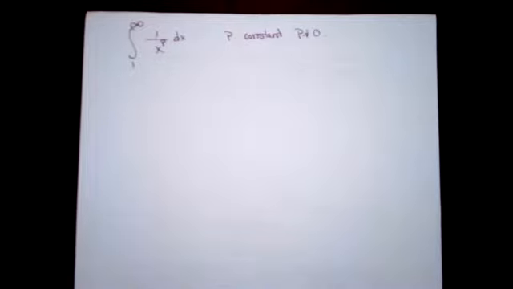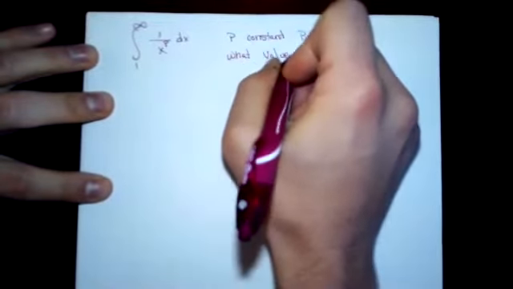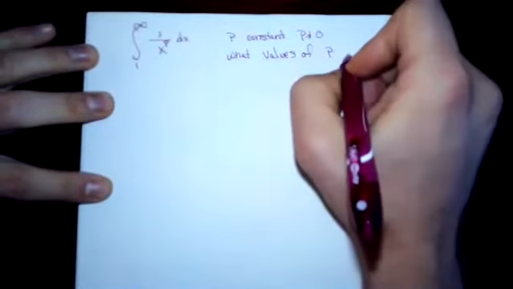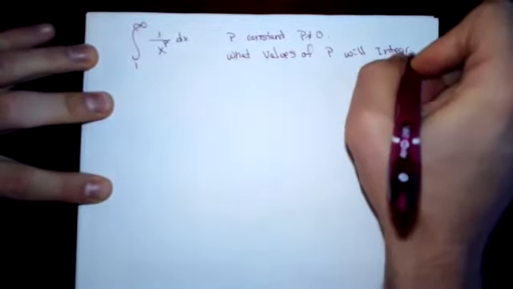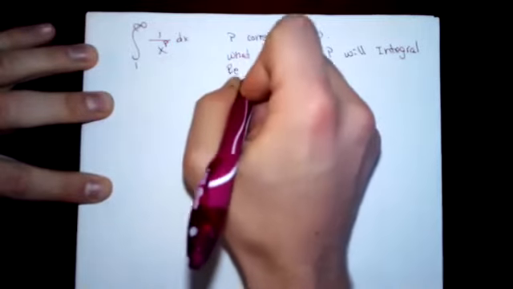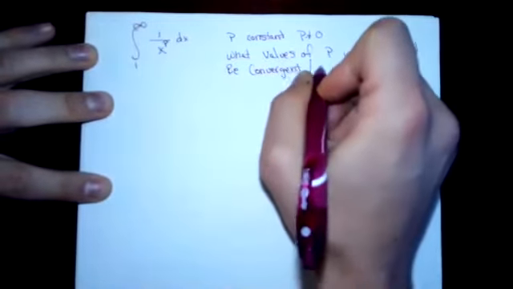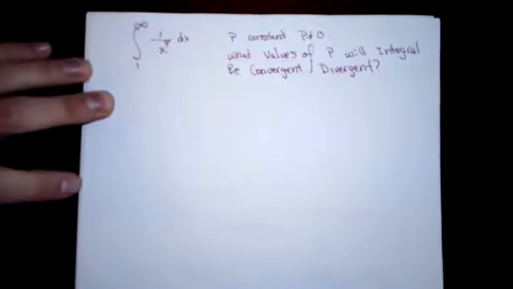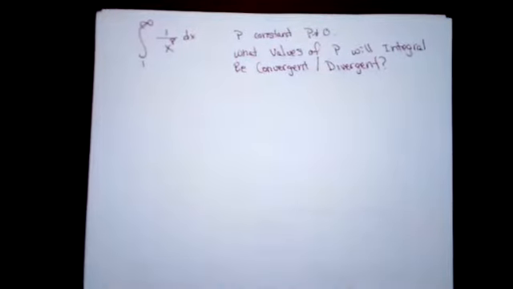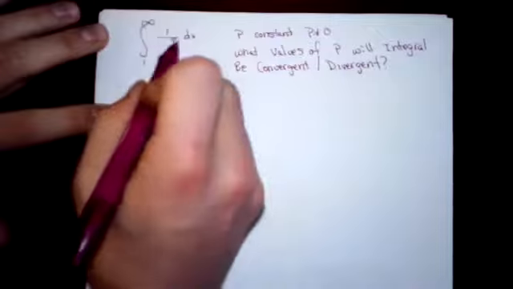We want to know, well, for what values of p will the integral be convergent or divergent? So this will give us some general understanding of what to look for, especially in these polynomials or rational functions where the denominator is a polynomial.